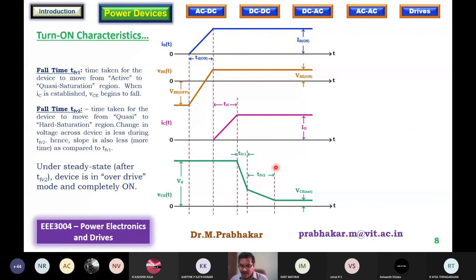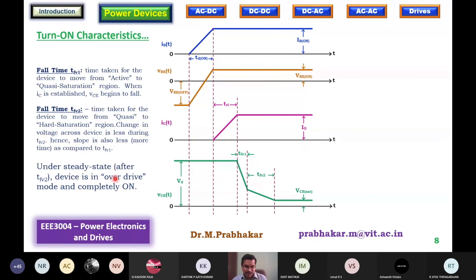And finally, after the device has entered into hard saturation, the voltage across the device will fall and be equal to the on-state voltage drop, which is VCE saturation. That's all. Now, this is the steady state on profile of the device.